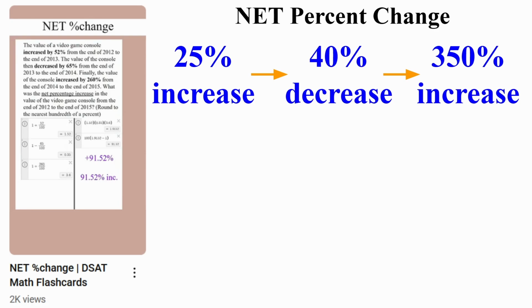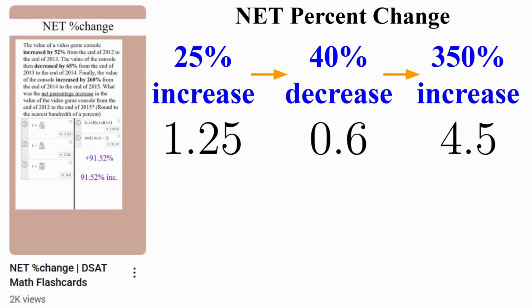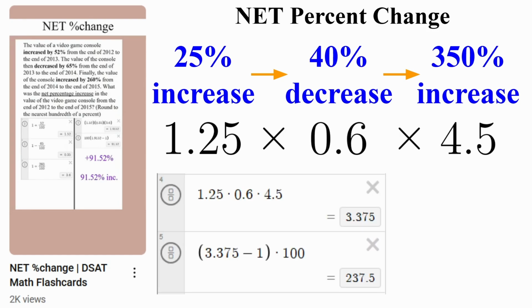Here's an example. Let's say I have a 25% increase, followed by a 40% decrease, followed by a 350% increase. We would calculate all the multipliers, and then to find the net percent multiplier, we would multiply them all together. If you multiply these all together in your calculator, you get a net percent multiplier of 3.375.